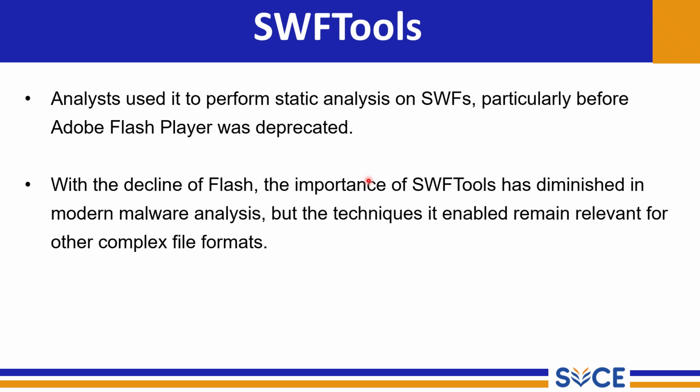Okay, and what are the key features and tools? First, PDF to SWF conversion. The PDF to SWF tool converts PDF documents into SWF files, preserving text, tables, and graphics. Then SWF file merging.